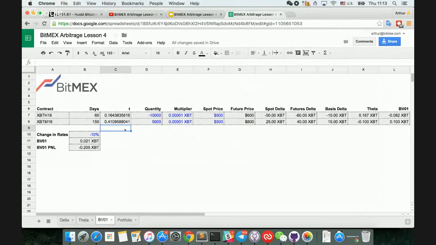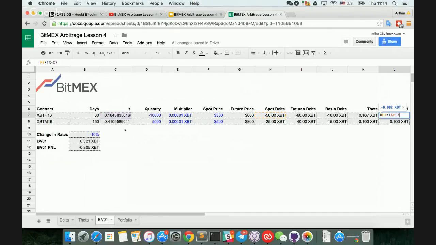So now we have two futures contracts, a little bit longer dated, a March and a June futures contract. We computed our T values here, and we put in a quantity. And now we've calculated our spot futures delta and our basis delta. We've come up with our relative theta values here. And now we have our BV01. What have we done?